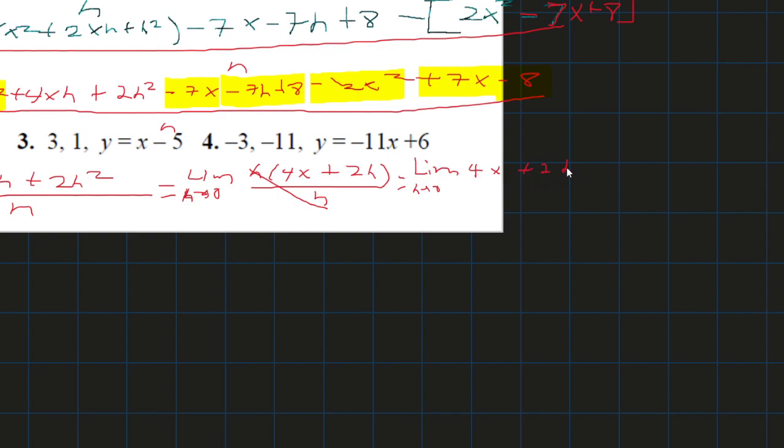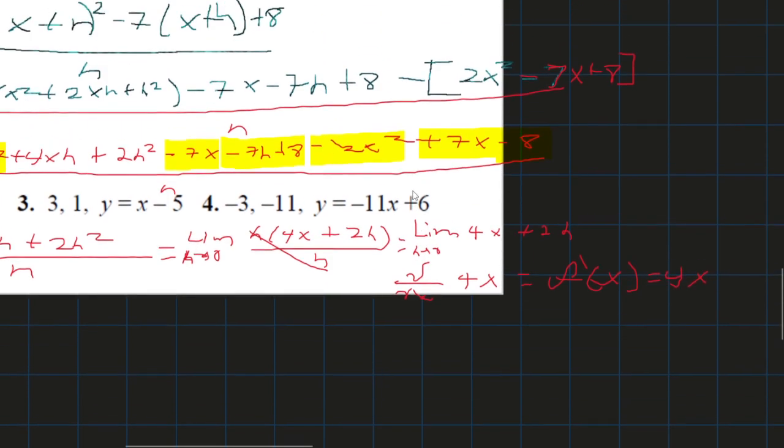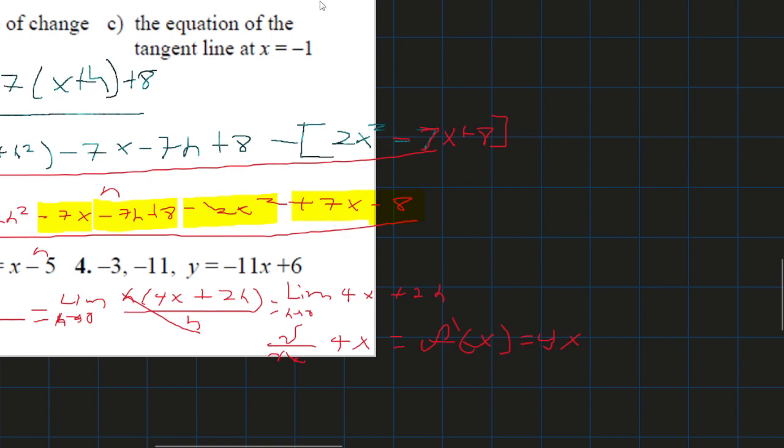And here I can just substitute 0 for h, which will give me my derivative of 4x. I'll rewrite it, dy/dx is equal to 4x. And this can be substituted here, y minus, if I substitute this in, it's going to give me 4 equals slope x plus 1.